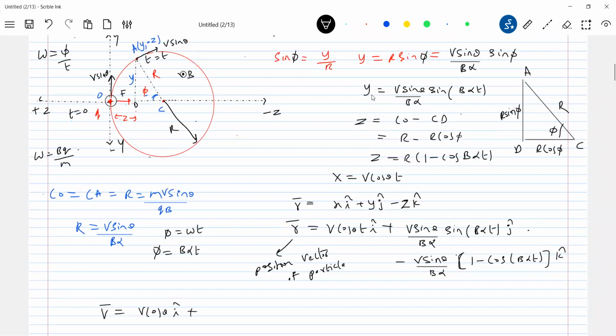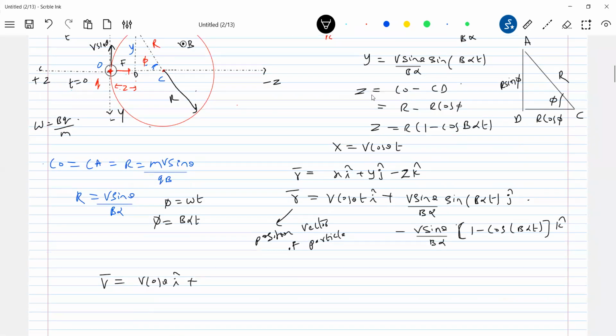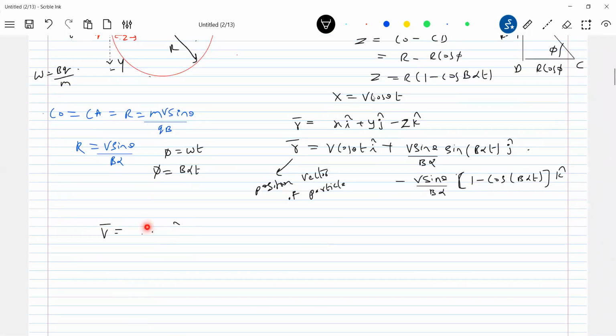Along the YZ plane, how do you write it? V sin theta cos phi. I think I have to give one small diagram. There's a charged particle. Here it will have V sin theta.